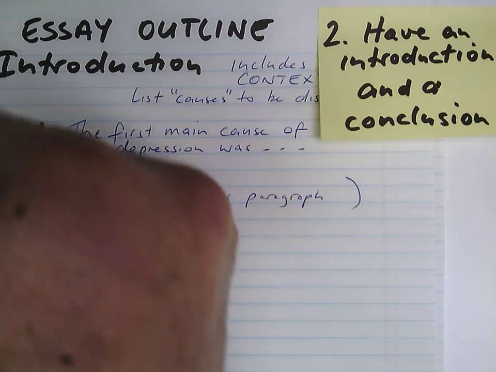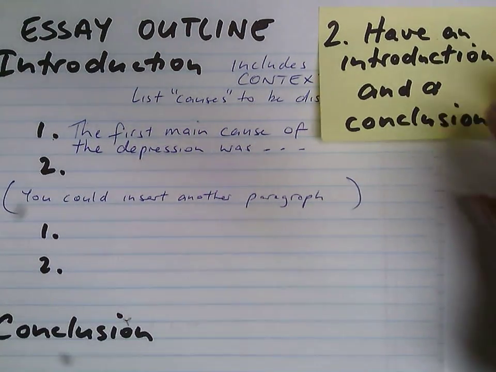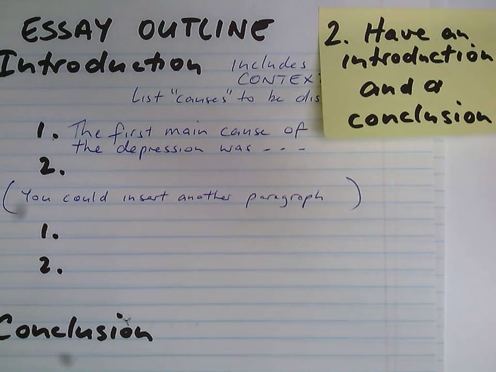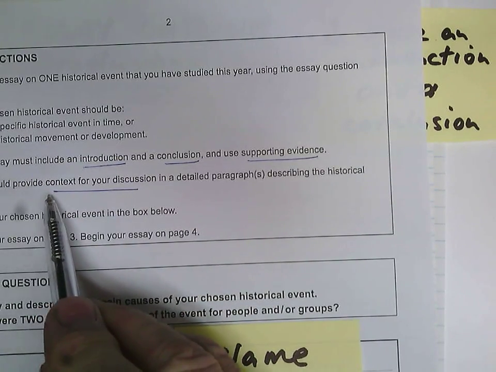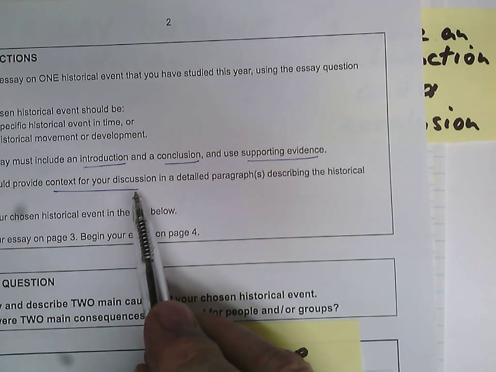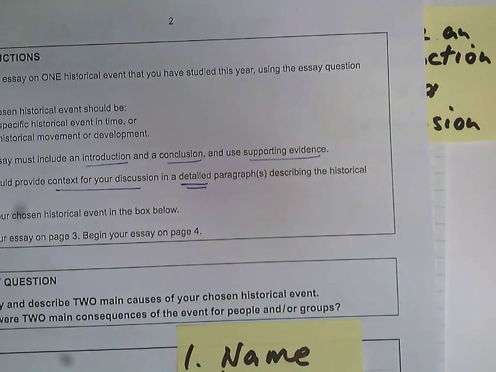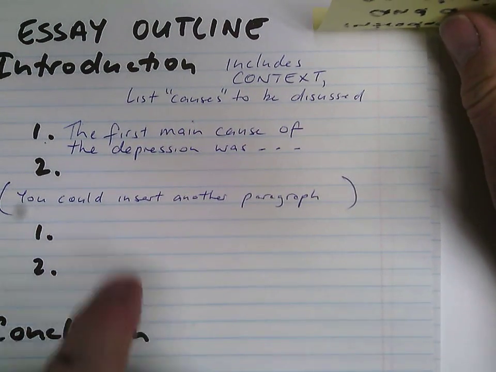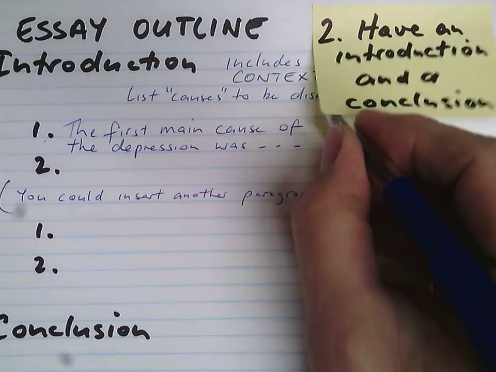So that is this paragraph here and this paragraph here. So the introduction includes the context, as we saw in the question. Provide context for your discussion in a detailed paragraph. So make sure there is adequate detail. And you might then like to list the causes that you are going to discuss.